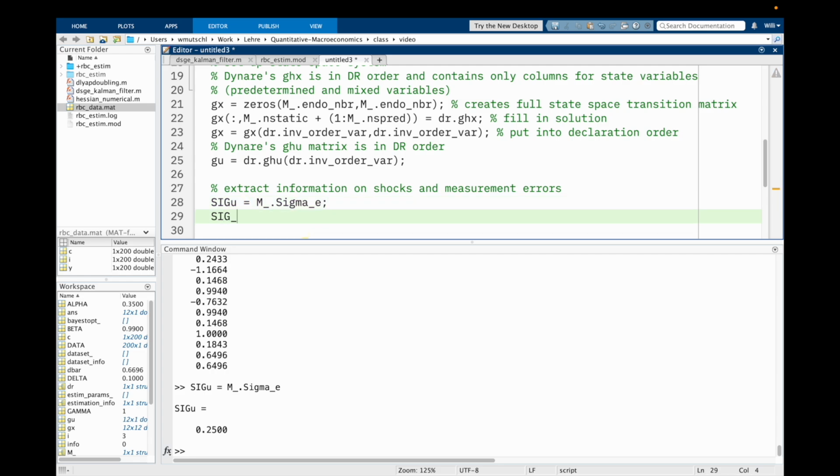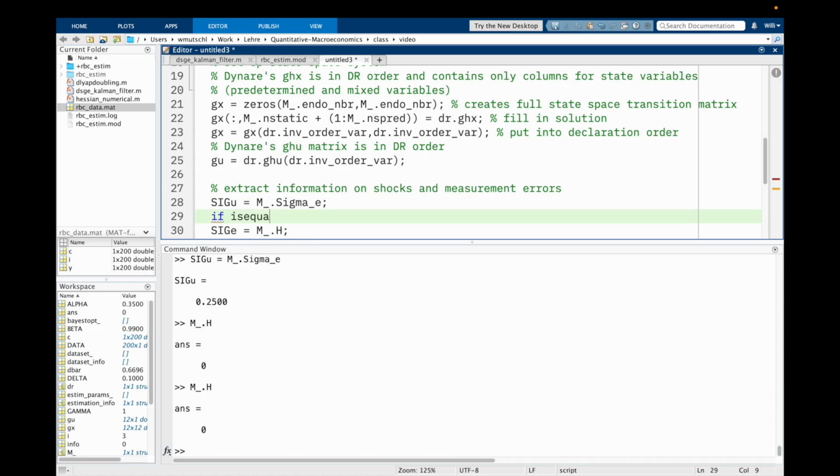And the covariance matrix of measurement errors is stored in M_.H. If this is just a 0, even if you have 5 observables, if you don't declare measurement errors, then this will always be a 0. So let me catch this case.